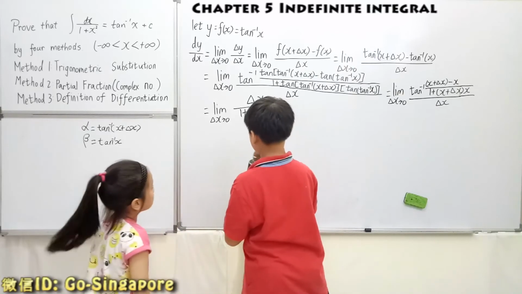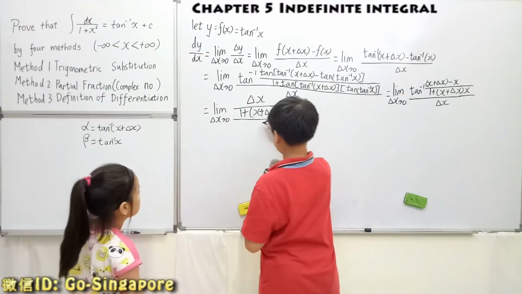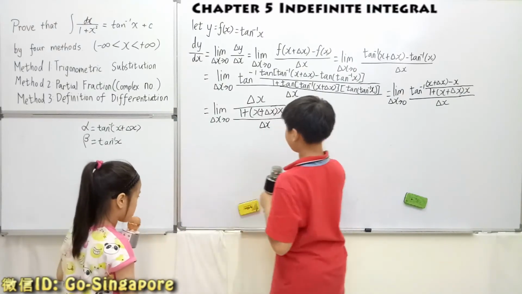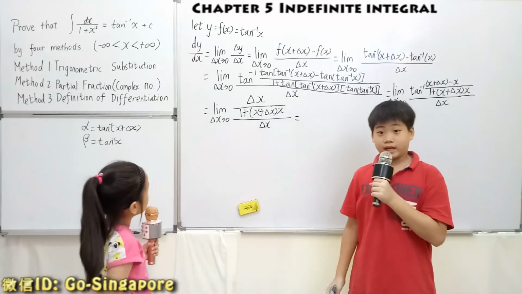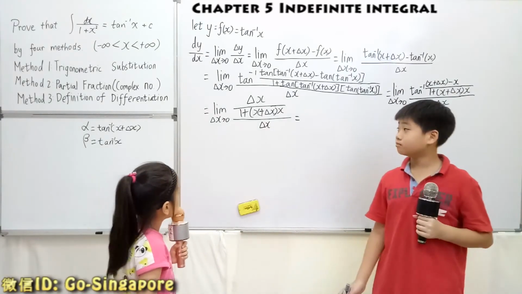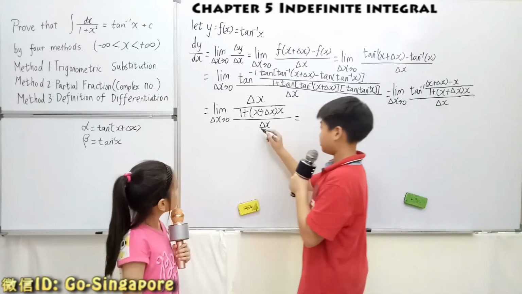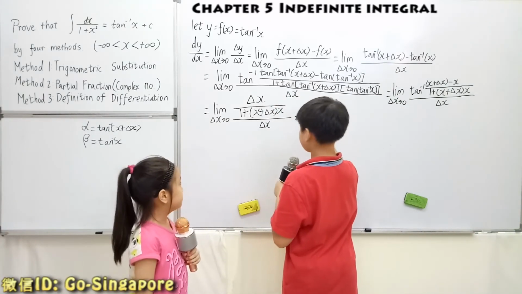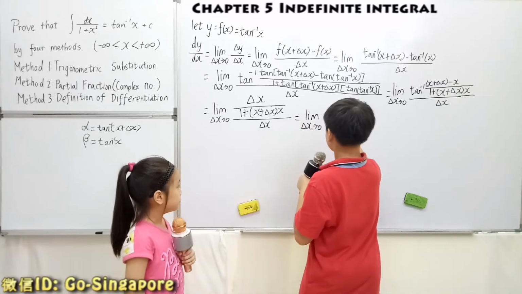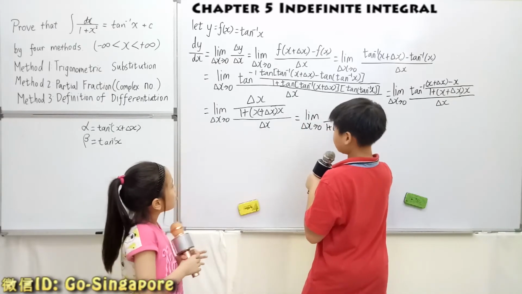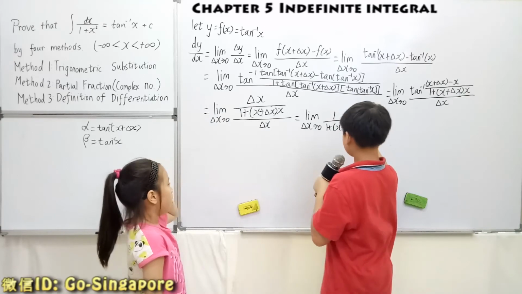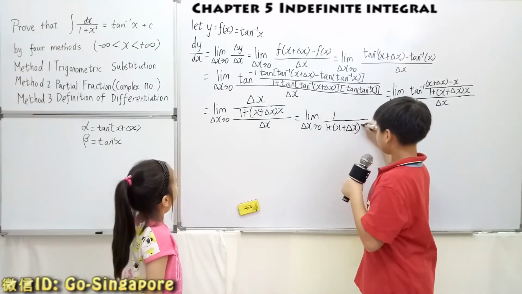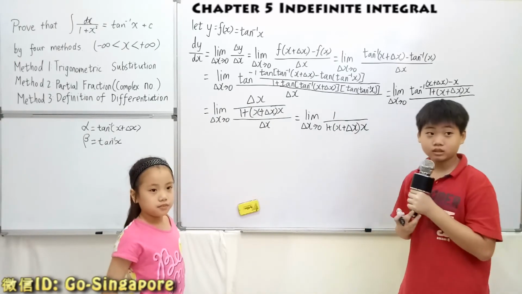Right now, for this part over delta x, what can you simplify? Delta x. Yes, these two simplify, right? Like this. Is that right?